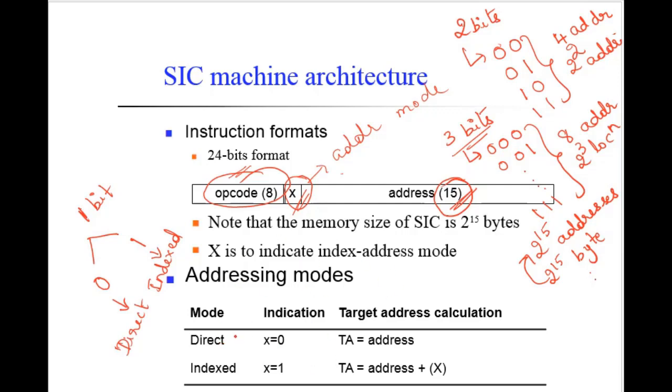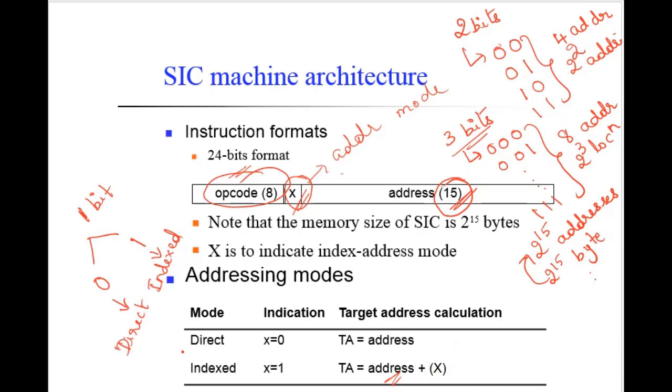In direct addressing mode, the operand is present in memory and its address is directly specified in the instruction itself. This 15-bit address is the address of the operand in memory. In indexed addressing, which is useful in accessing array elements, the operand is found in memory at the address calculated as the sum of the 15-bit address specified in the instruction and the contents of the index register.